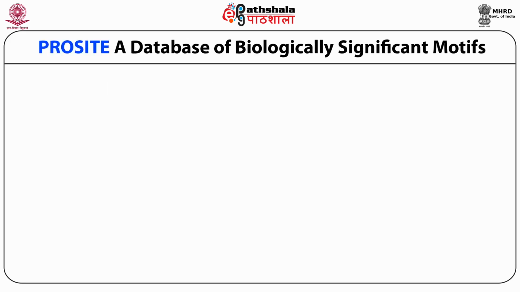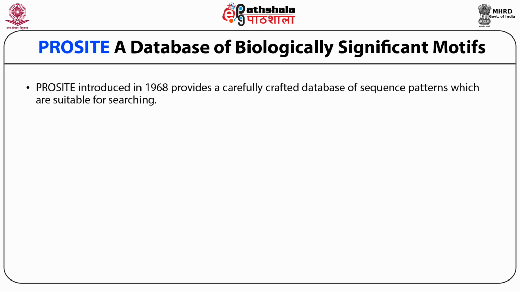Now there is a database called PROSITE, nowadays part of the UniProt system itself, which started a long time ago in 1988, and they started collecting such sequence patterns which corresponded to a functional protein family.